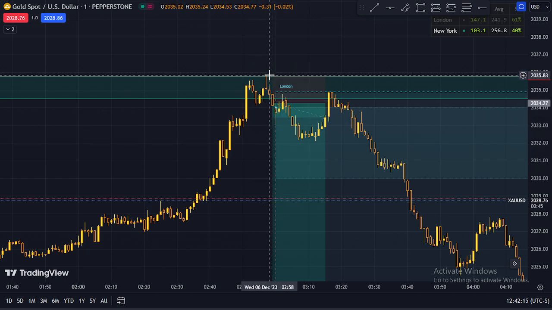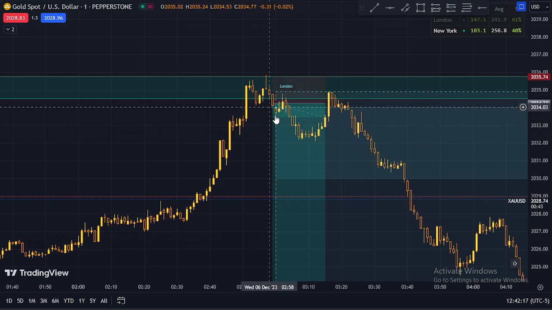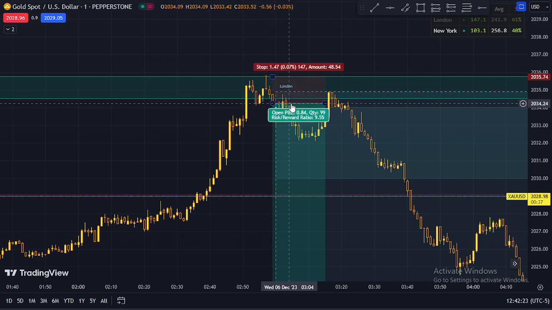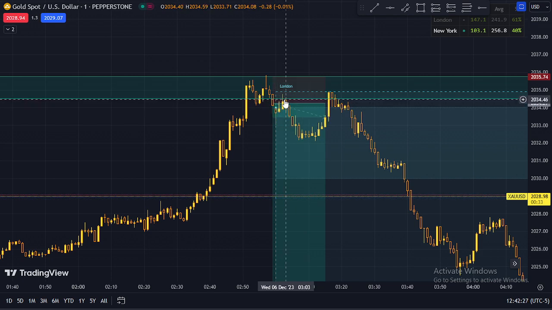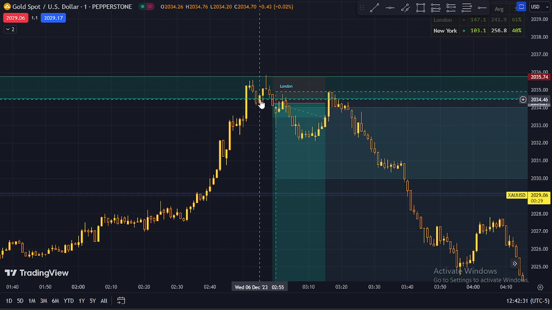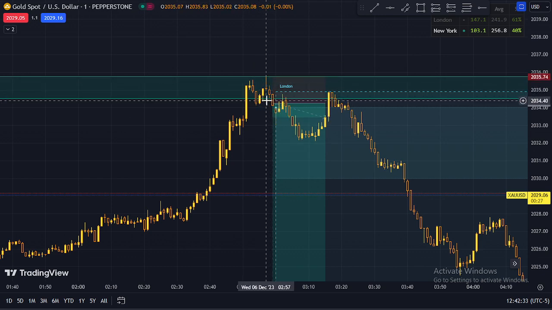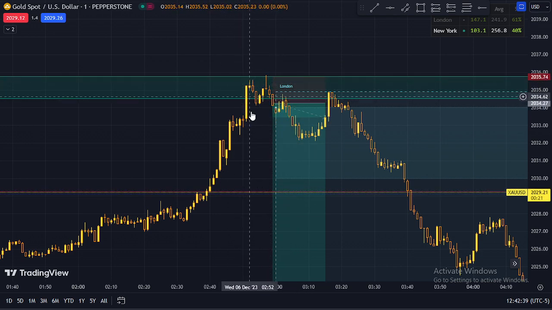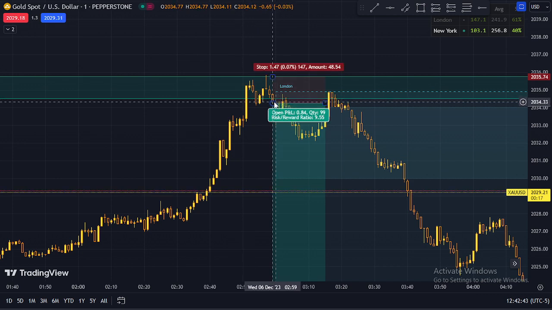So we had this low taken out, shift in market structure right there, and then price came into the gap and touched the lower end of the fair value gap. So two consecutive candles inside the breaker and also inside the imbalance. Those are 3 PDRAs right there.